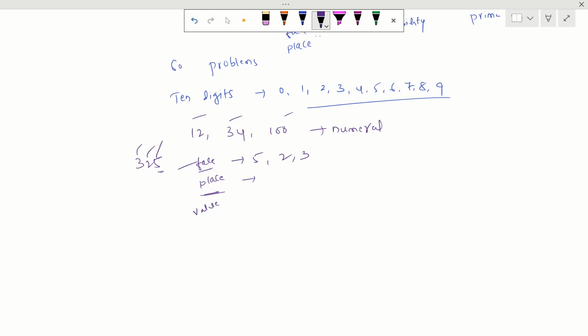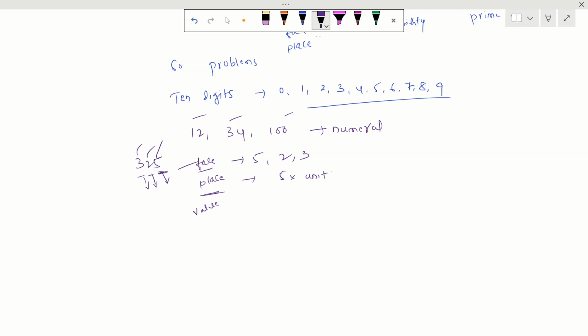We know in mathematics generally we have units, tens and hundreds. That one is called place value. The place value of 5 is 5 into unit digit, right? The 5 is at the unit position, 2 is at the tens digit, and 3 is at the hundreds digit.